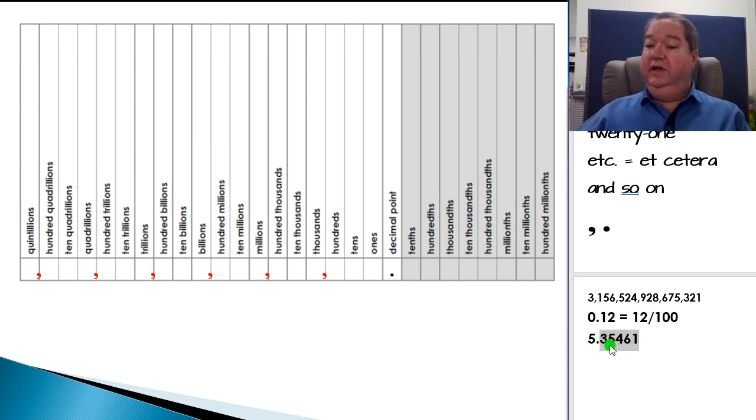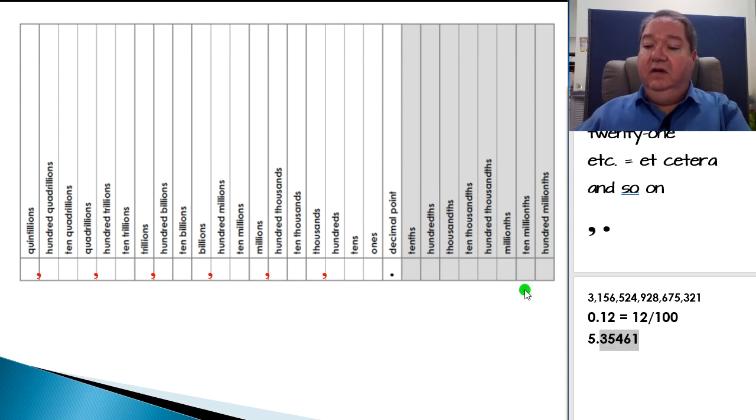Just read this like a regular number. 5 and 35,461, 5 decimal places: 1, 2, 3, 4, 5.